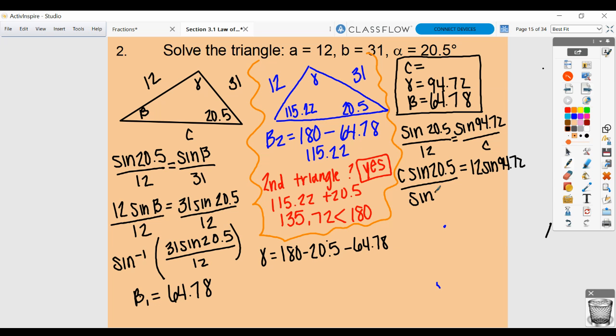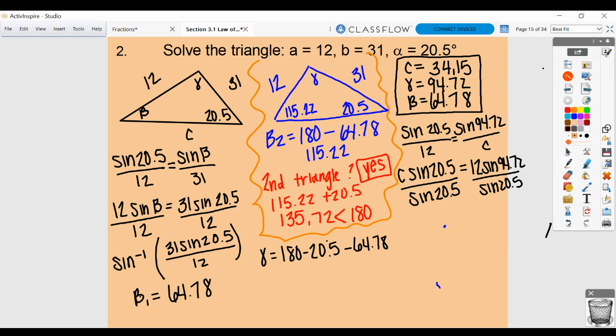And divide. So 12 sine 94.72. Make sure you close that parenthesis. Divide by sine of 20.5. And you get 34.15. Okay, so that is the first triangle.